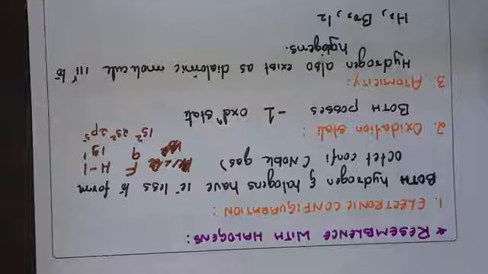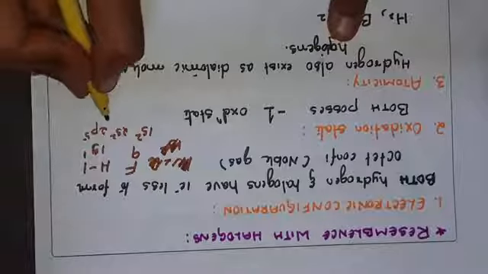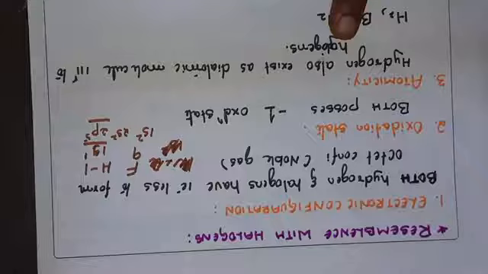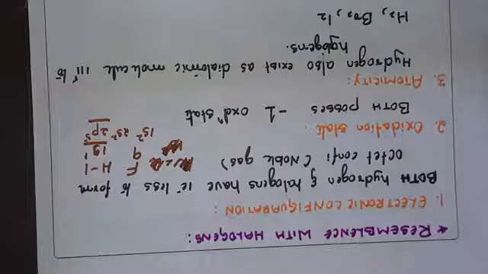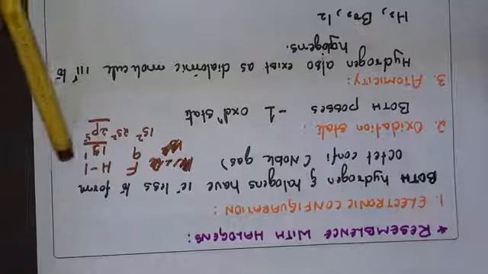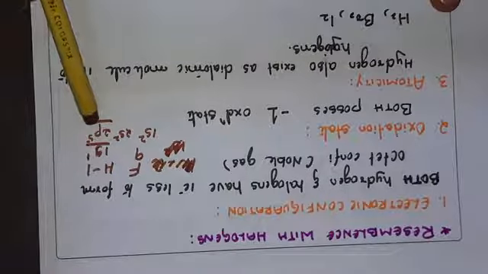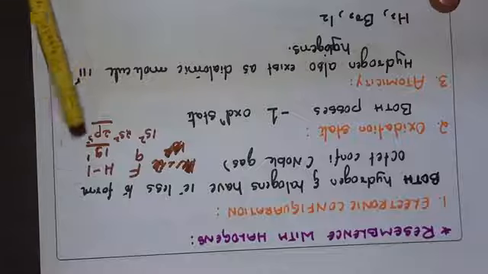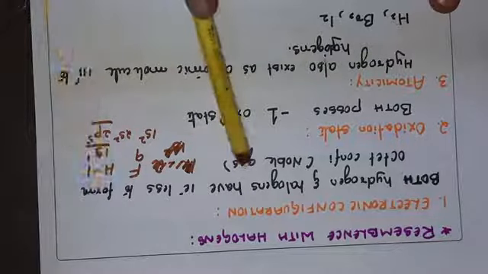You can observe the valence shell. Both have one electron less than the noble gas configuration. What do we mean by noble gas configuration? That is the octet configuration, ns2 np6. Both hydrogen as well as halogens have one electron less to form the octet configuration.